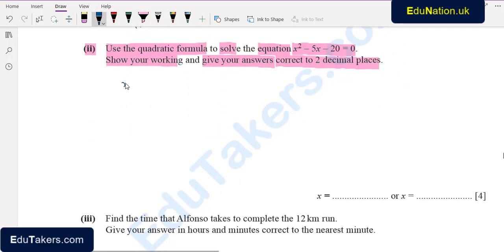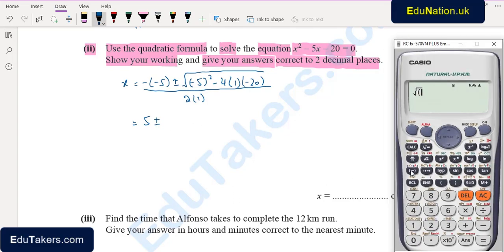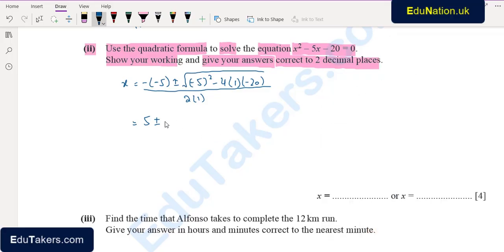By quadratic formula, x is equal to minus into minus 5 plus minus the square root of minus 5 square minus 4 into 1 into minus 20, over 2 into 1, is equal to 5 plus minus. Now solving the square root, minus 5 square minus 4 times 1 times minus 20 is 105.